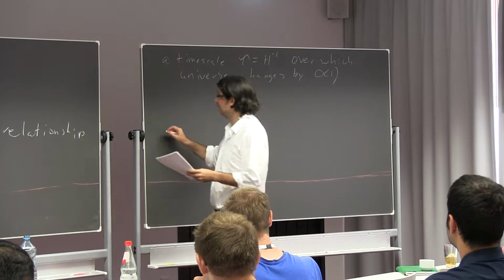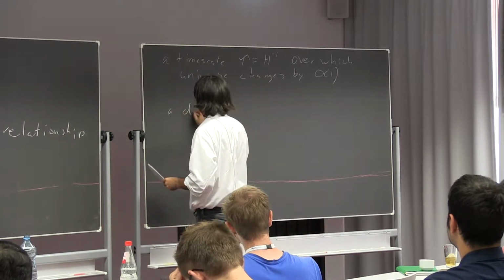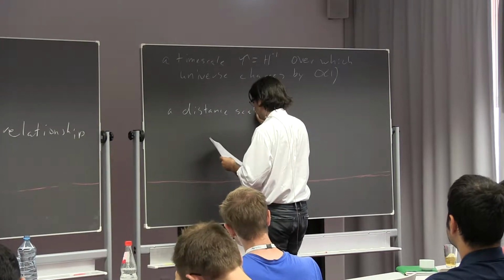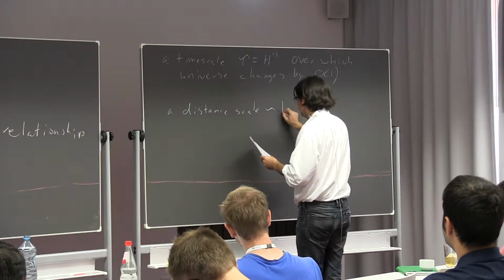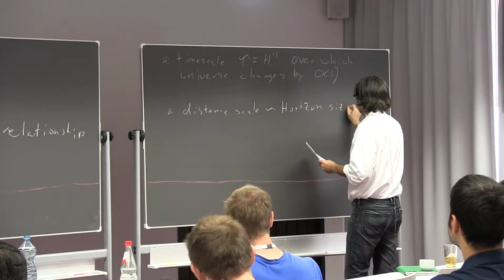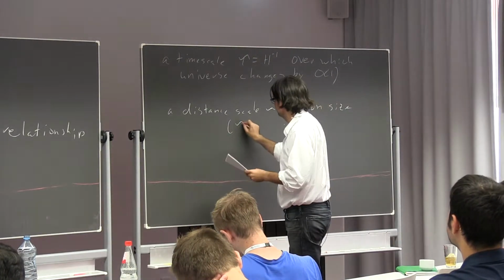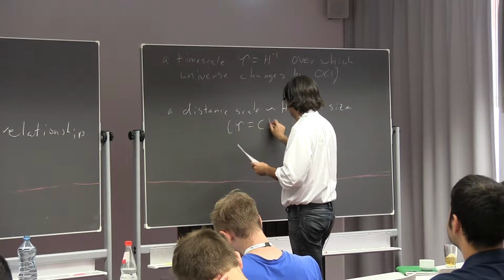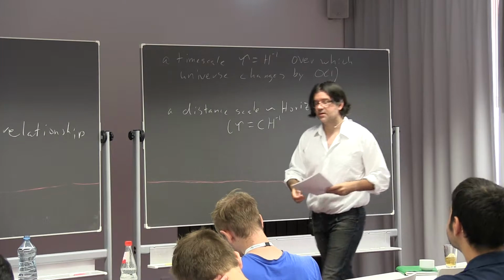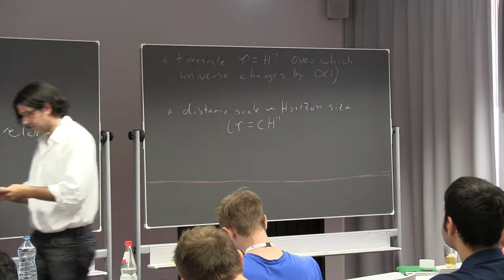And lastly, this is a distance scale, which is, of course, the horizon size, which is more or less the size of the universe at any point in its history.